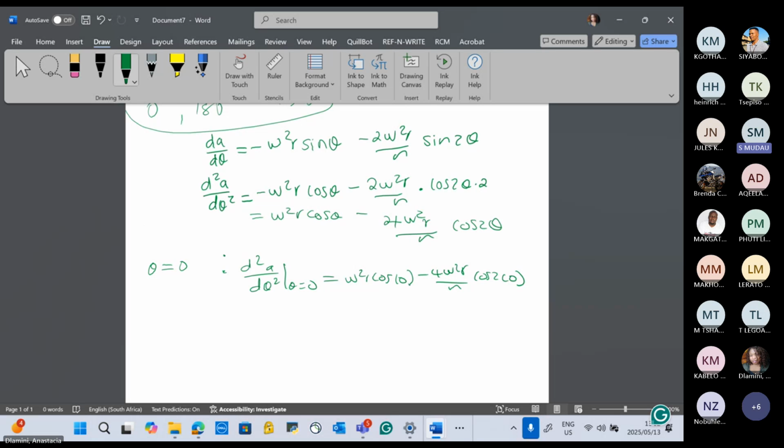Ma'am, you forgot to put the negative next to the first term. Thank you. What do I get then? What is cos of 0? It's 1. So minus w squared r times 1 minus 4w squared r over n. Is this positive or negative?